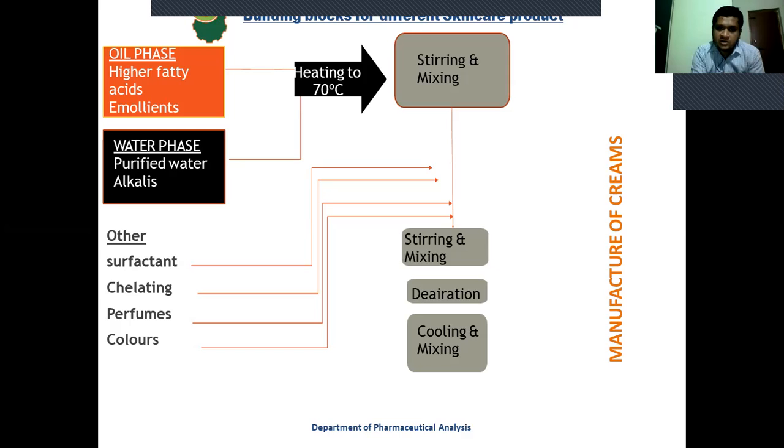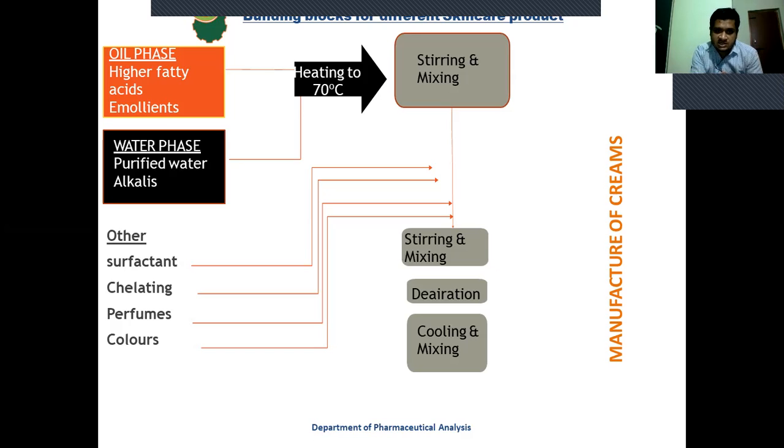Now you have to add any other surfactants, like wetting agents, chelating agents, perfume, and color, which you can add after mixing, whenever this semi solid form comes. Chelating agents are used mainly because some ingredients may carry a chance of heavy metals, so chelating agents like EDTA are used.